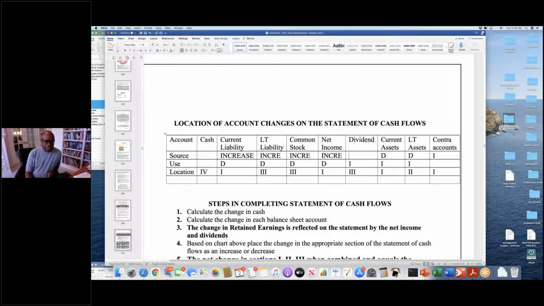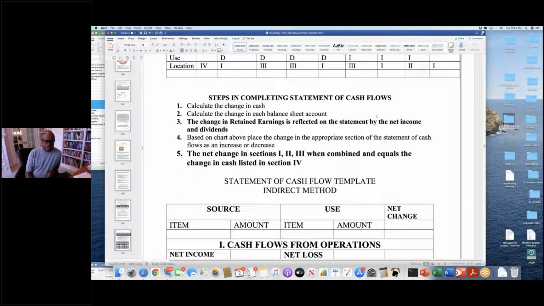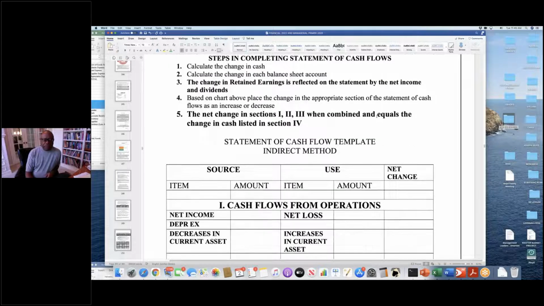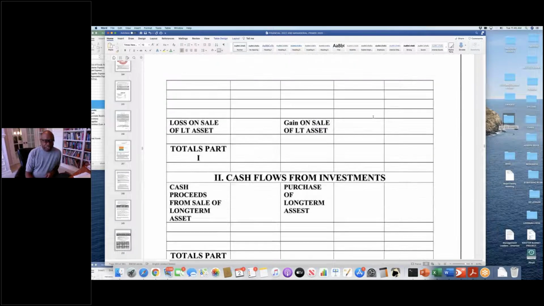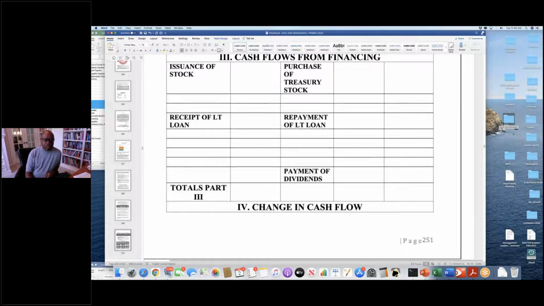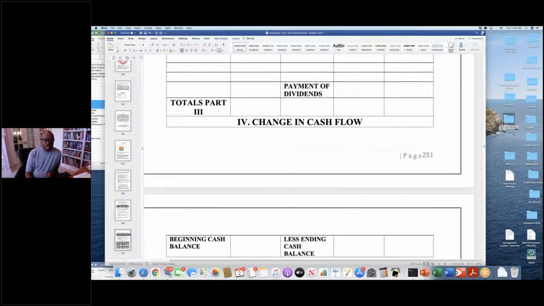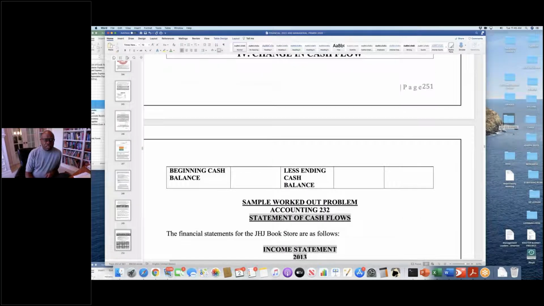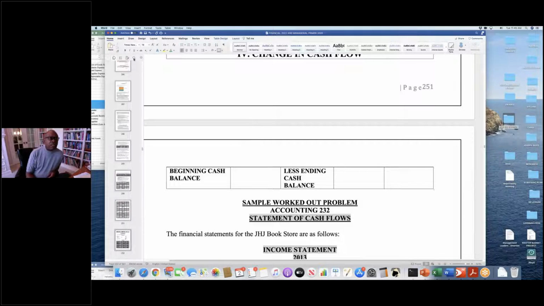Now, when you do a cash flow statement and you want to get something right on this statement, since it is so hard to work with, since it is so confusing, what we're going to do is this.